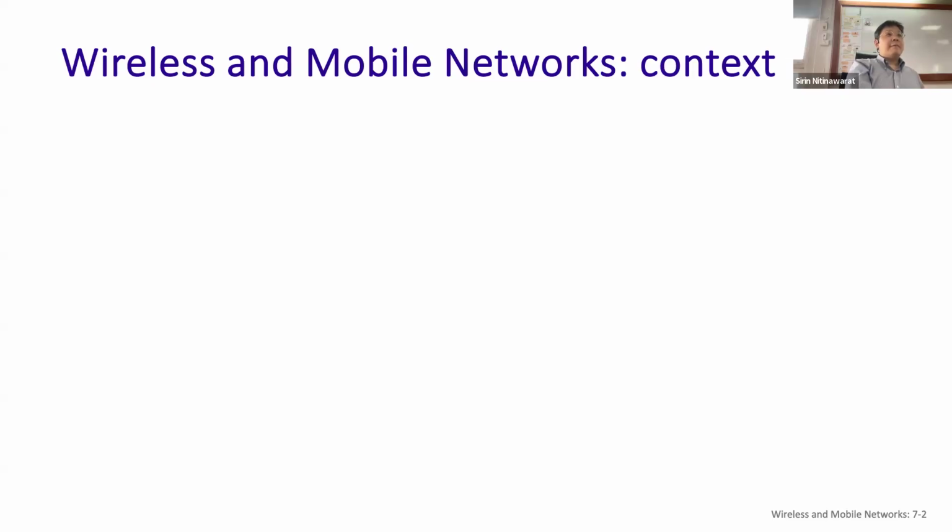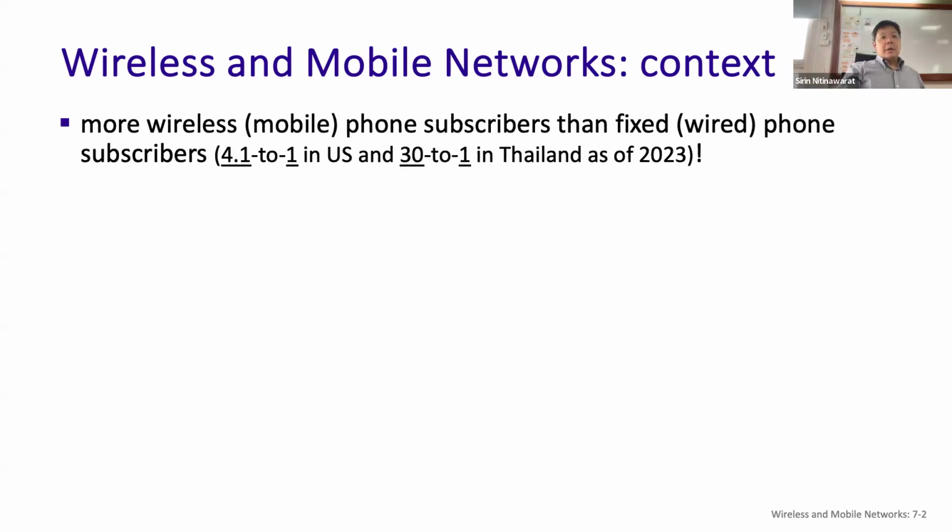What is the major benefit of having wireless? Yeah, you can be mobile while connecting to the network. If you want to use your home telephone, you need to be at your home. That was why it was invented to begin with.